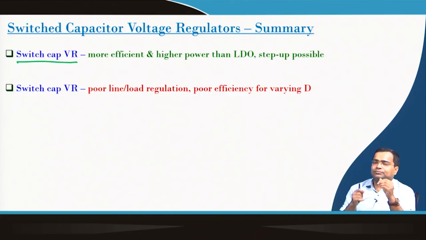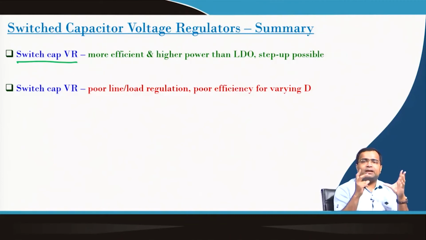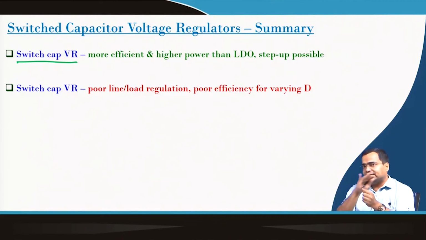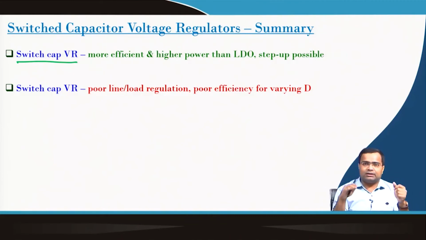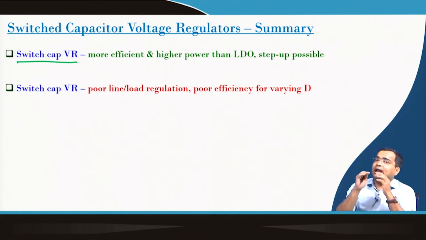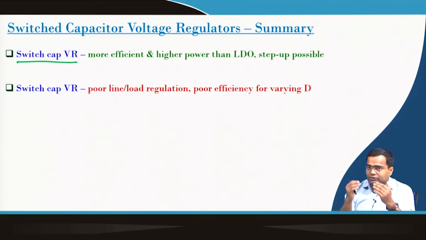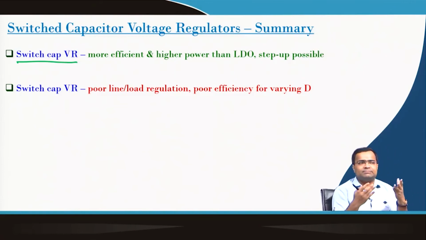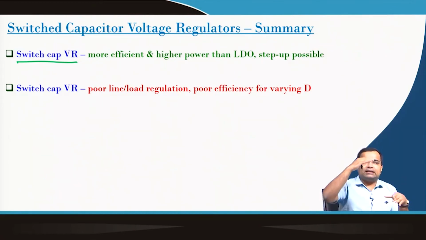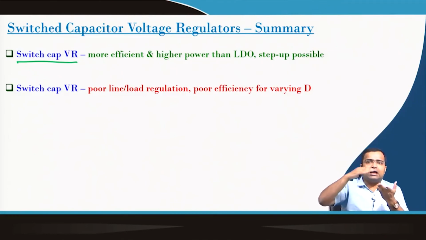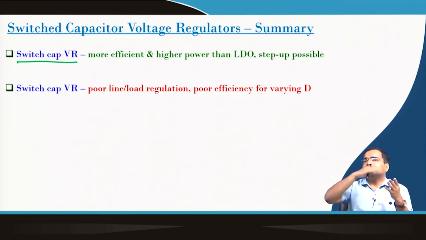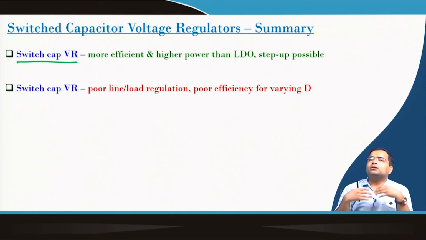We also saw the ripple voltage, which depends on the load current. As a result, the average voltage, which is nothing but the peak voltage minus half of the ripple, also depends on the load current. That means if the load current increases, then the ripple increases, and as a result the output voltage decreases. So, it also suffers from poor load regulation and line regulation.